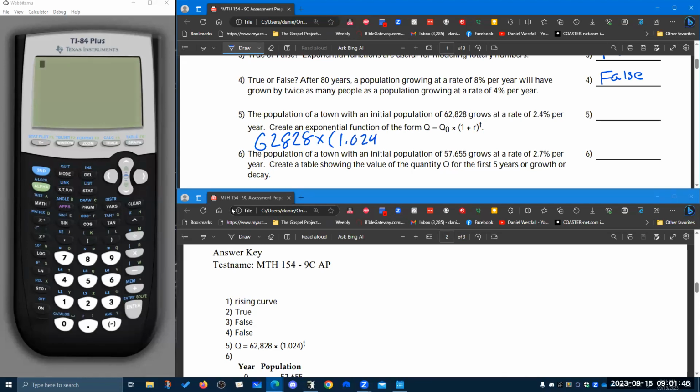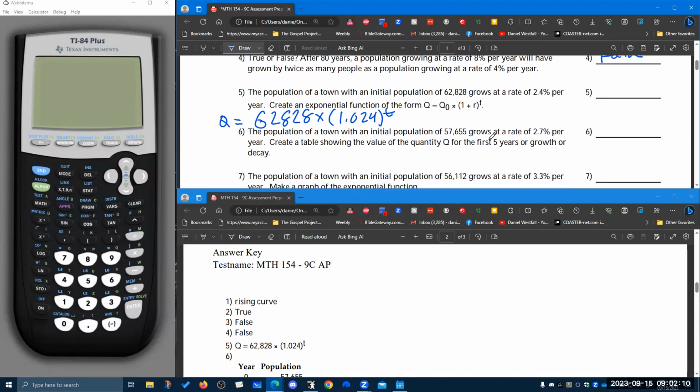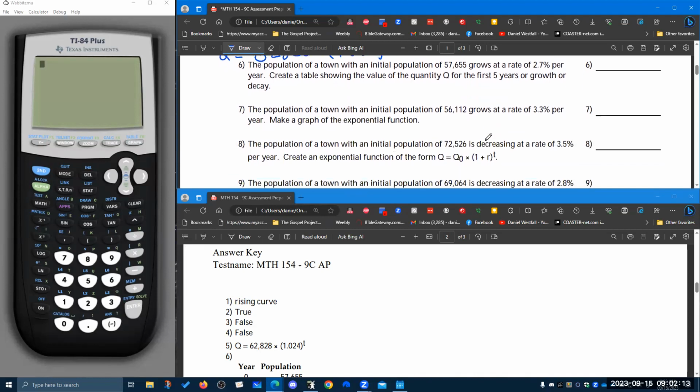So 102.4% raised to the T. You see that down here. I would call this P of T because it's population, but they're using it in the form of Q of T equals. So I'm going to do what they told me to do there, but I usually use letters that represent what I'm trying to find. If it's population, I use P. If it's amount, I use A, and so on.